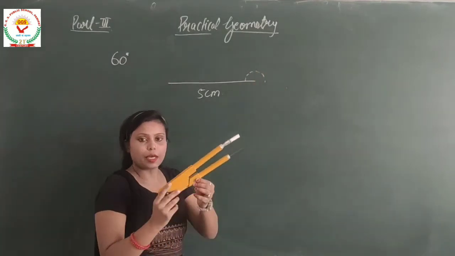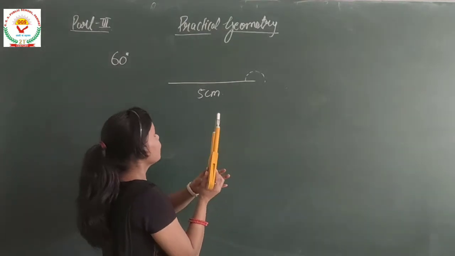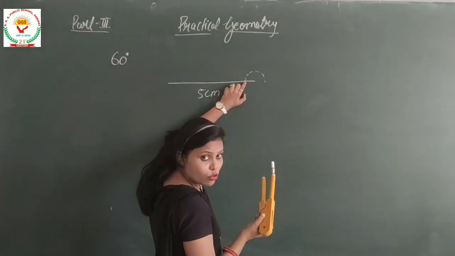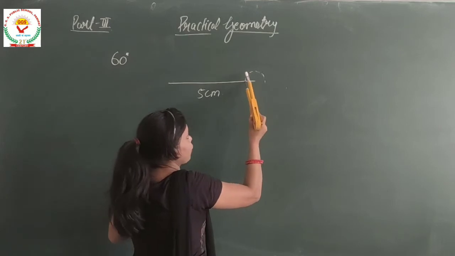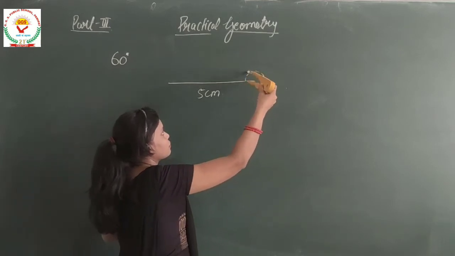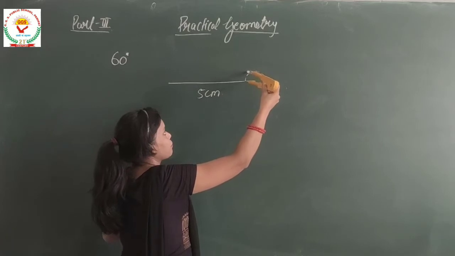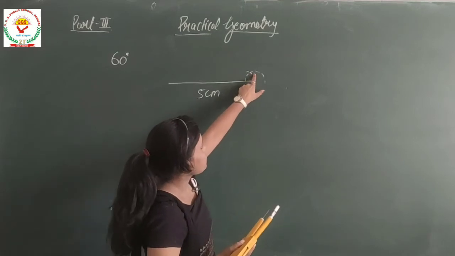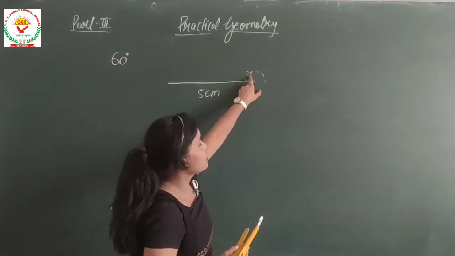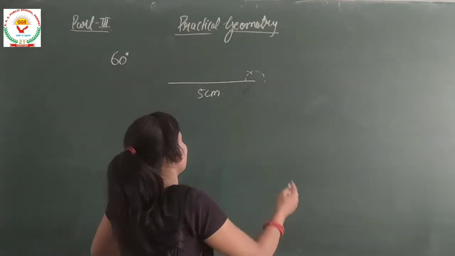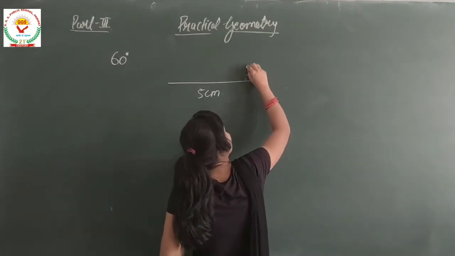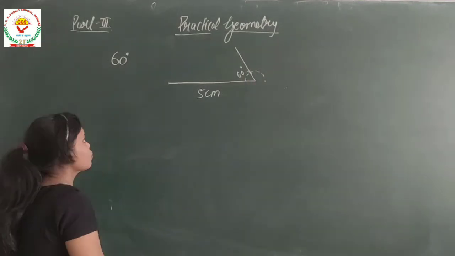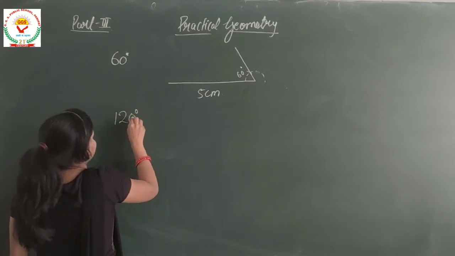Keeping the compass at the same position, I will keep my needle at the starting point of the arc and mark another arc. Where these arcs intersect each other, that will be the 60 degree angle.